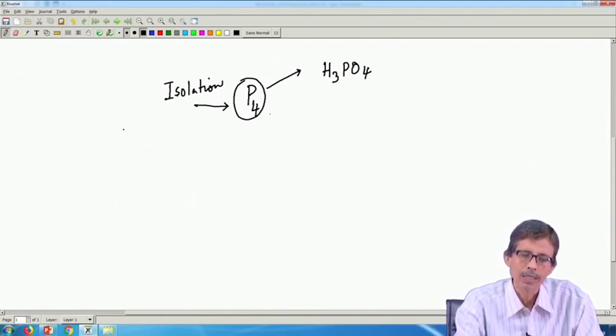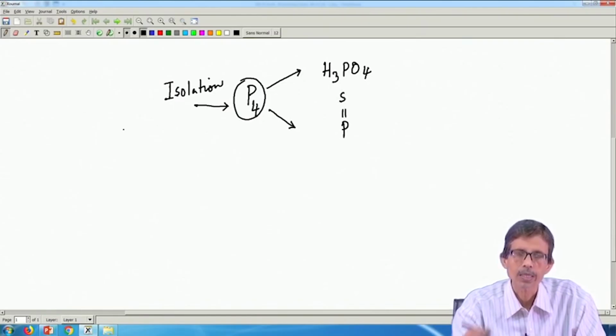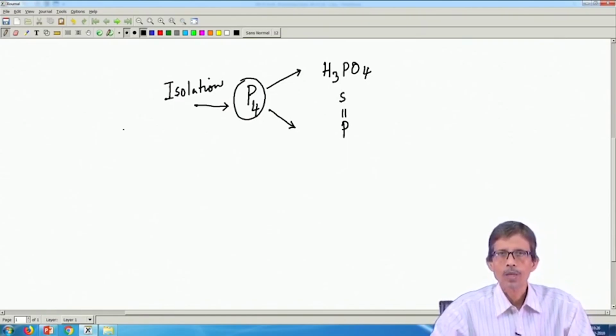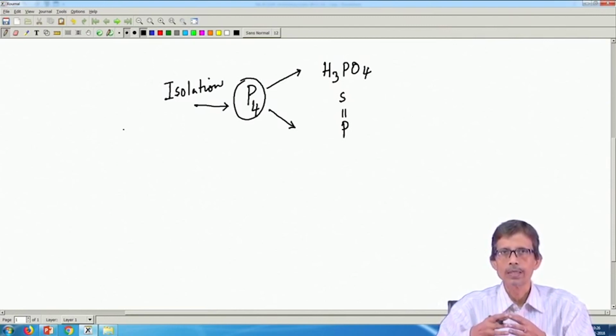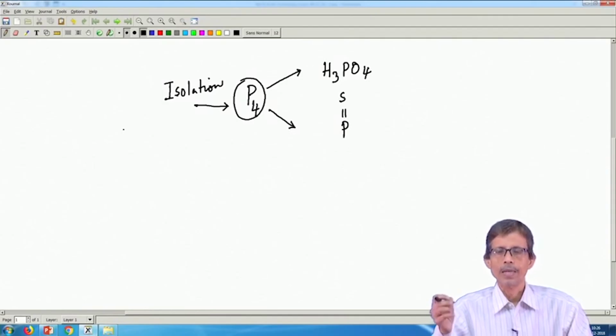Today we will see how we can form a phosphorus sulfur bond, because the presence of phosphorus is very important industrially as well as pharmaceutically. If we have more connectivity from phosphorus to sulfur, we can get more interesting molecules which we can produce industrially quite easily.